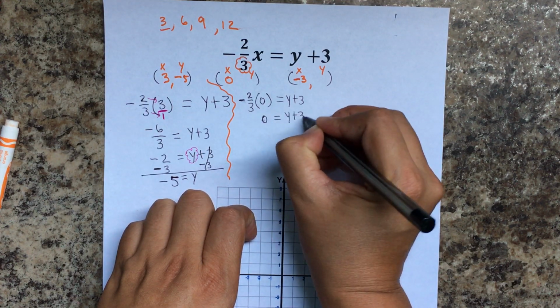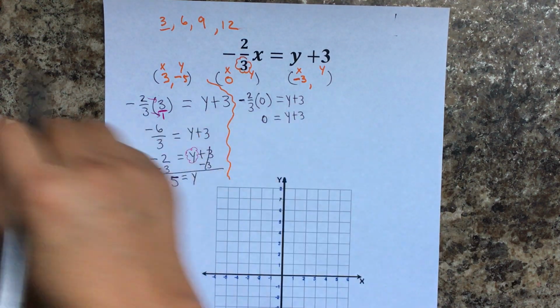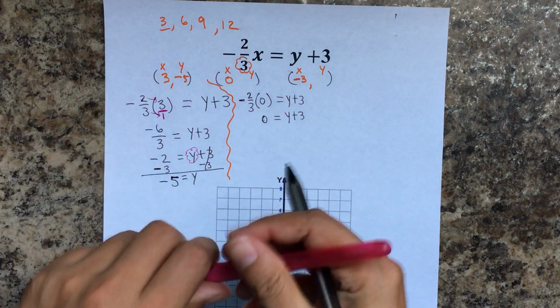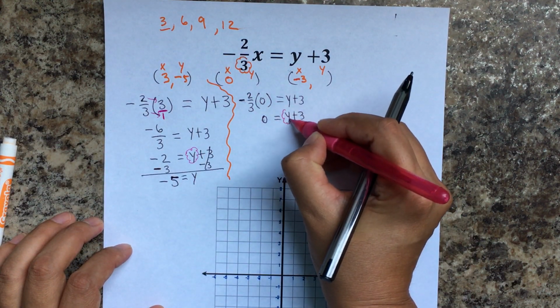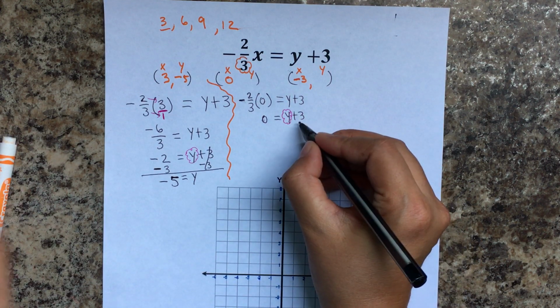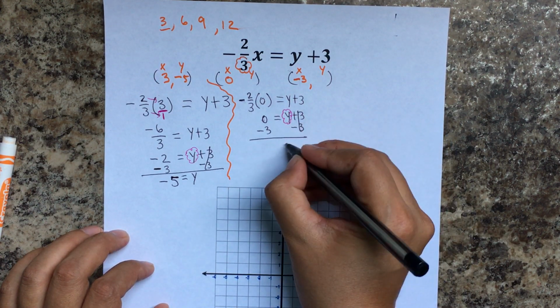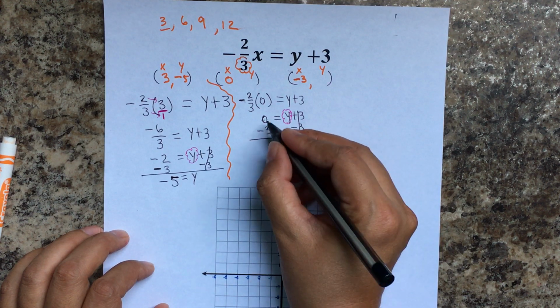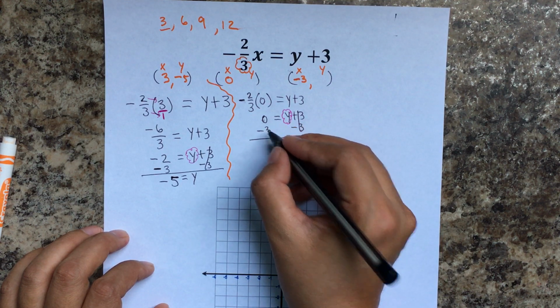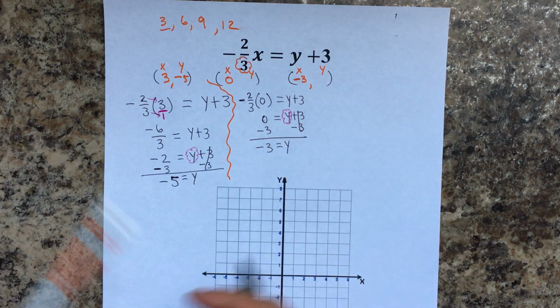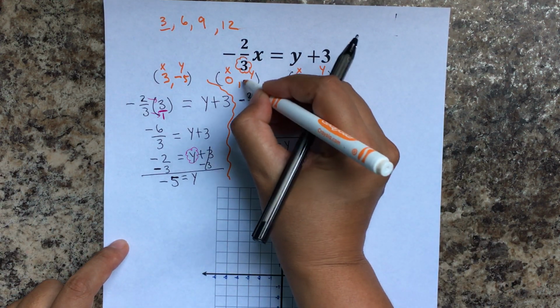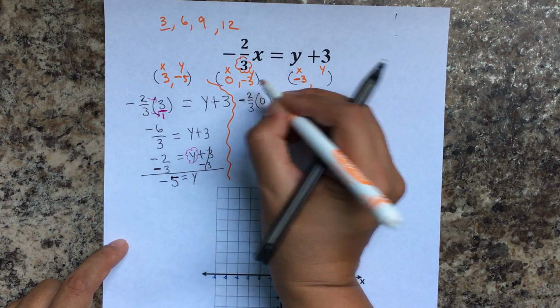Equals y plus 3. Again, we want to leave y by itself, right? We're isolating the y. So the opposite of adding is subtracting 3. And so the value of y is equal to 0 plus negative 3, negative 3. So now I have my second point, 0, negative 3.